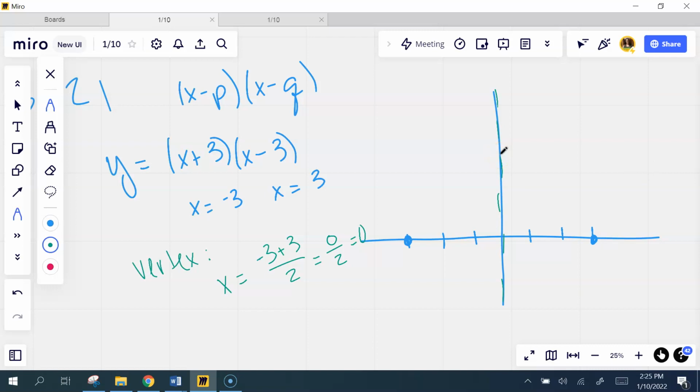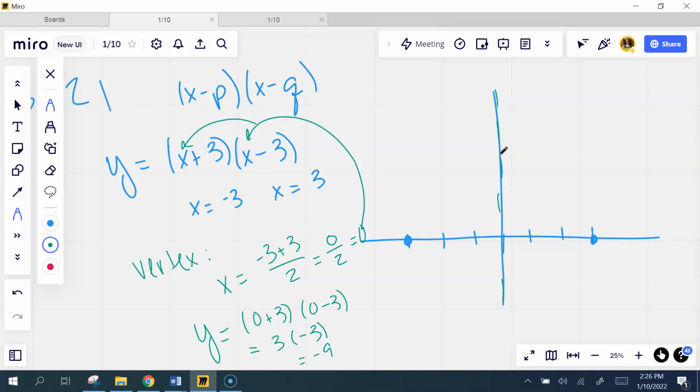And so now I want to take this x value and plug it back into my equation so that I can find out where on this axis of symmetry my vertex sits. So I'm going to say 0 plus 3 and 0 minus 3, which would give me 3 times -3, which would be -9.